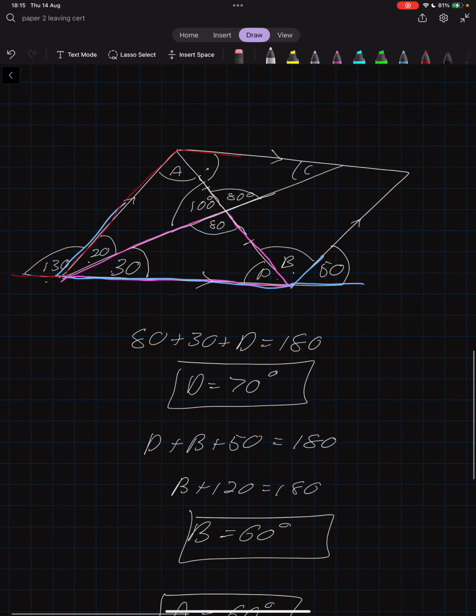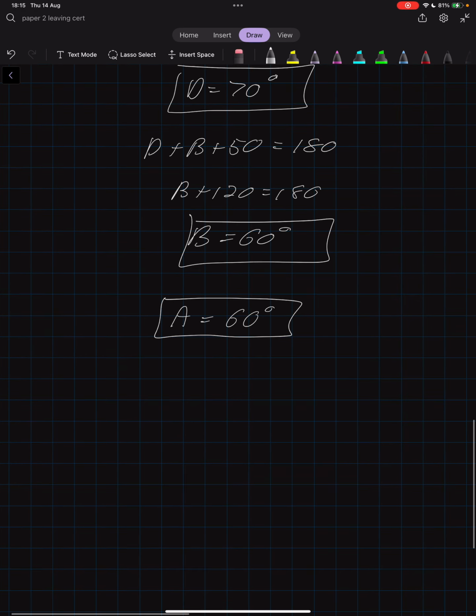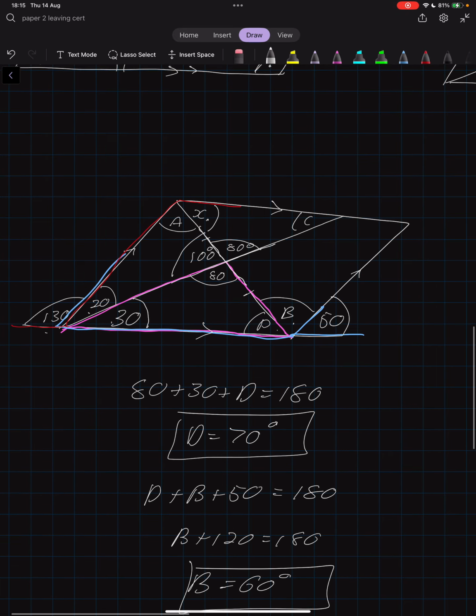And therefore A plus the angle, let's say I call it X for the minute, has to equal 130. So A is 60 plus X has to be 130. So X is going to be 70 degrees.